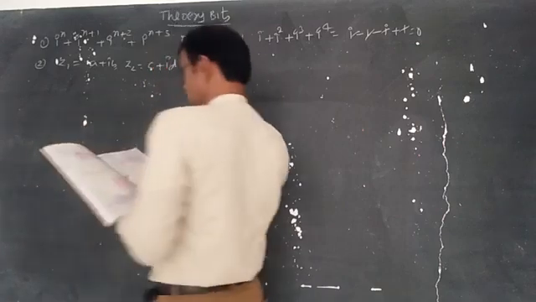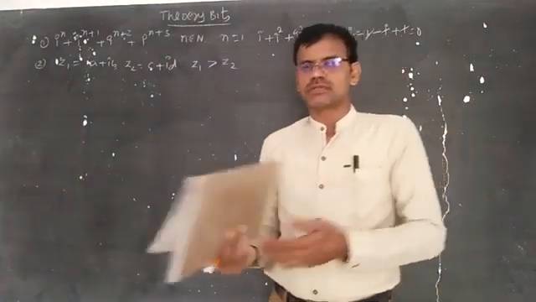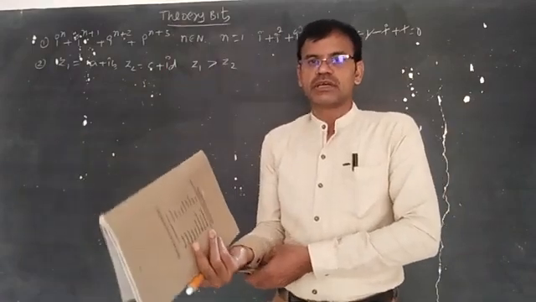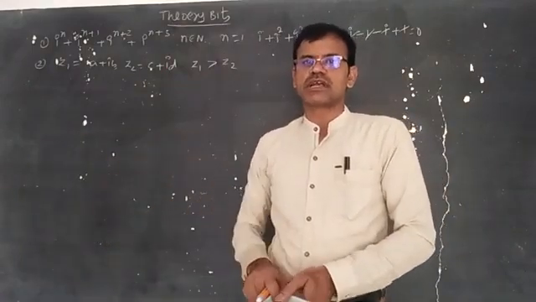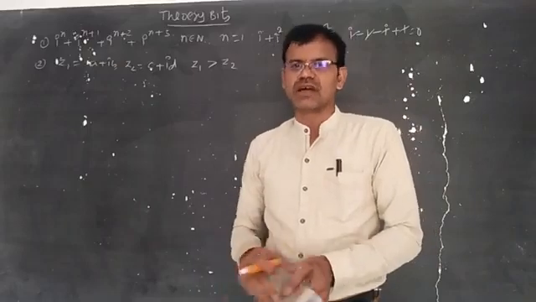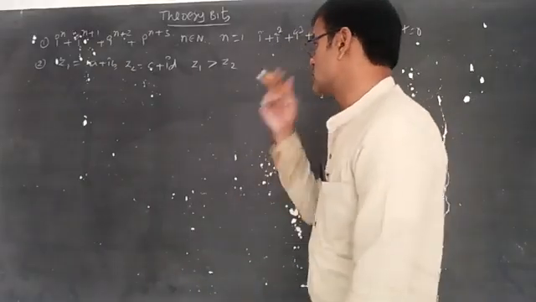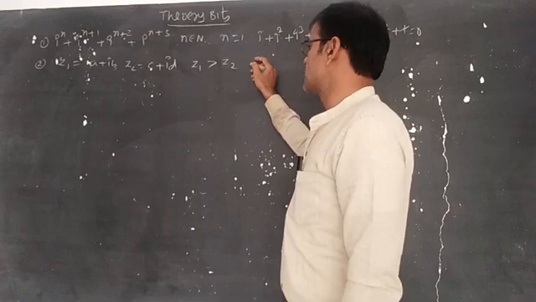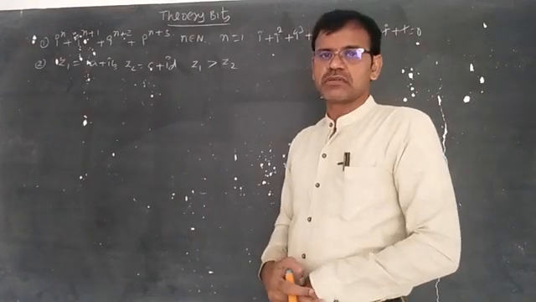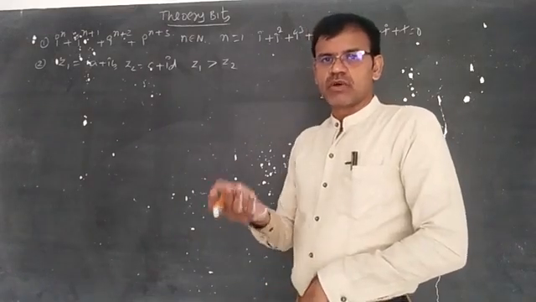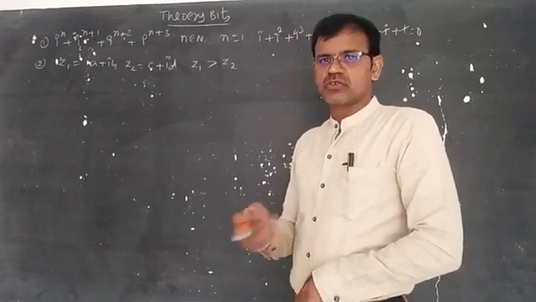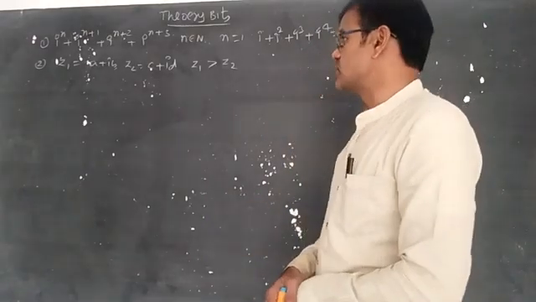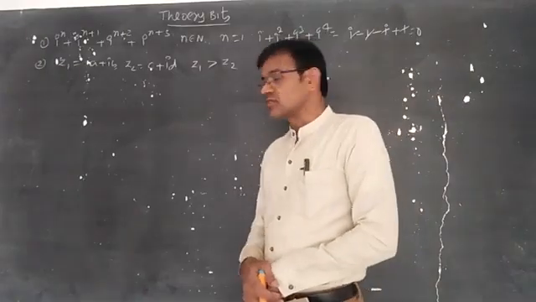In the real numbers we can decide which is greater, but for 2i, 3i, 4i like that, we cannot decide which is greater in imaginary parts. In the complex number concept, for example 2 plus 3i and 3 plus 2i, we cannot say whether one is greater or the other is greater. There is no question of greater or less in imaginary numbers.